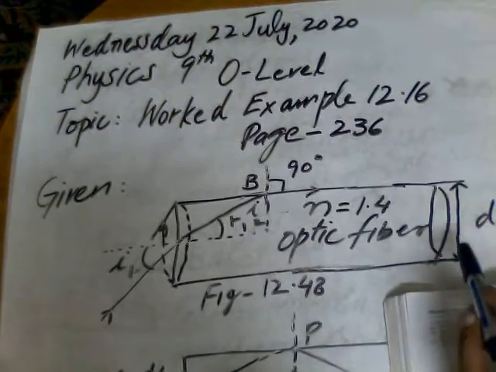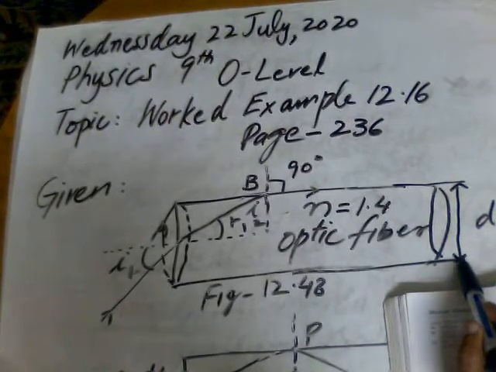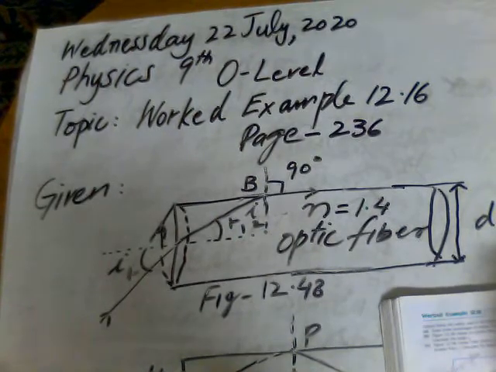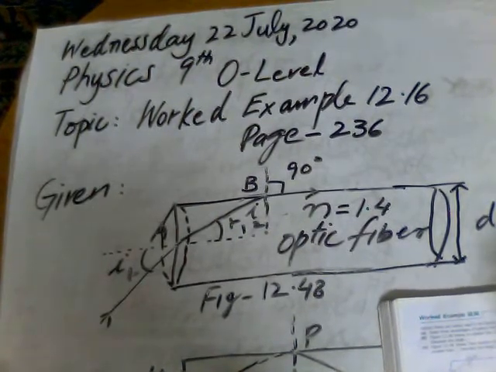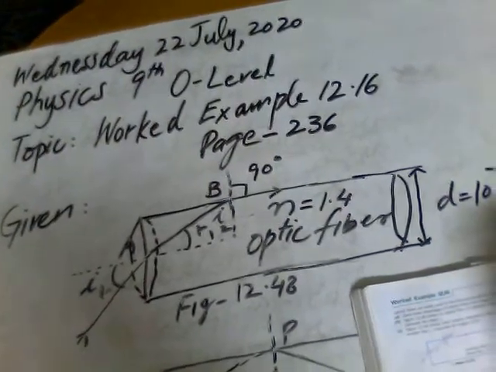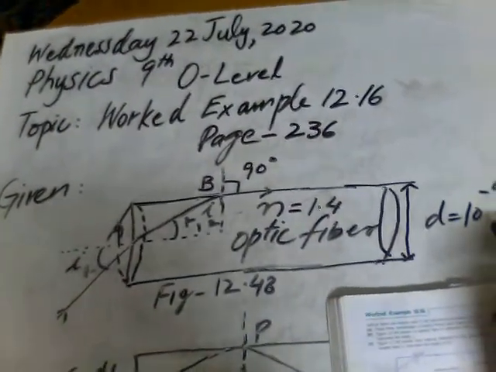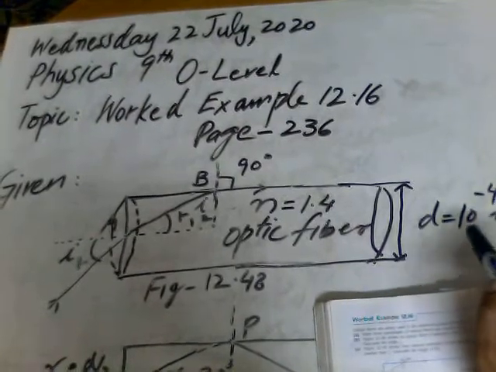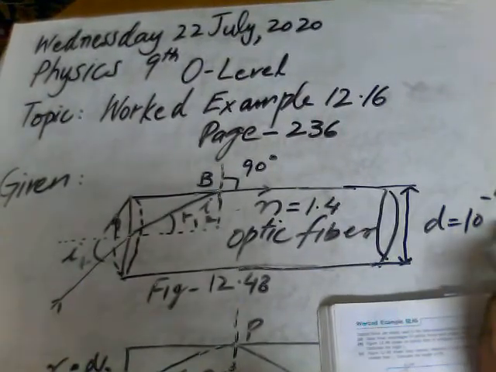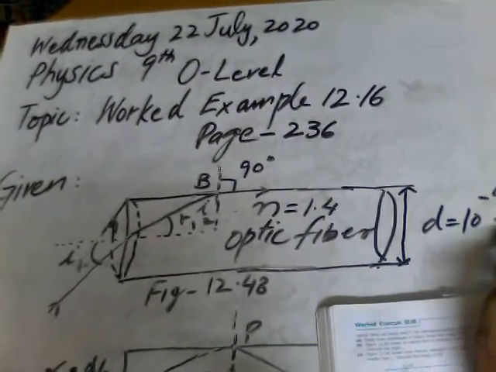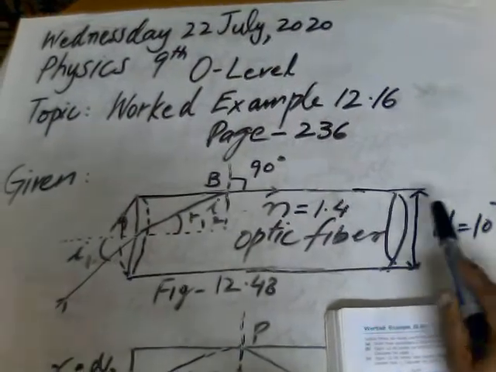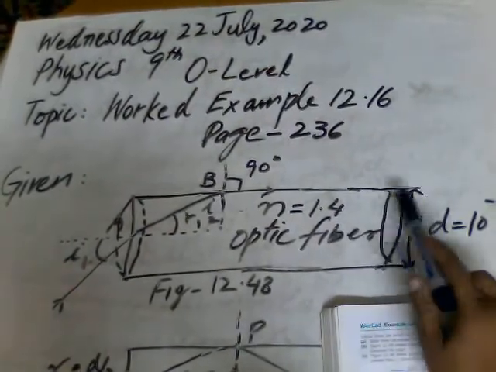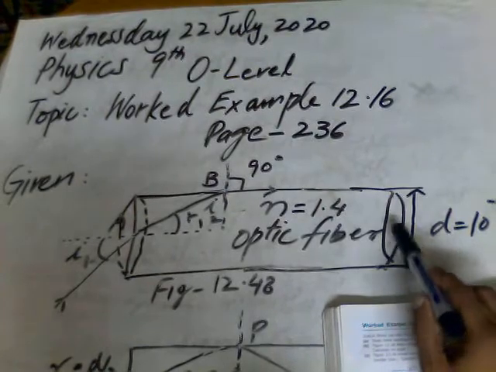The thickness of optical fiber is 10 to the power minus 4 meter. This is its diameter.